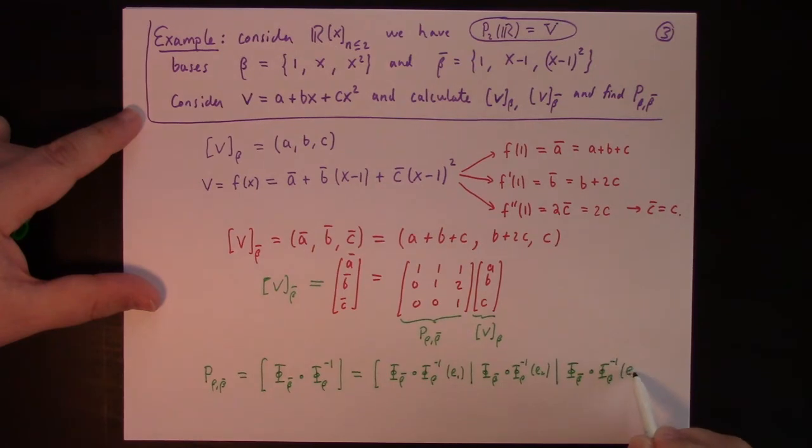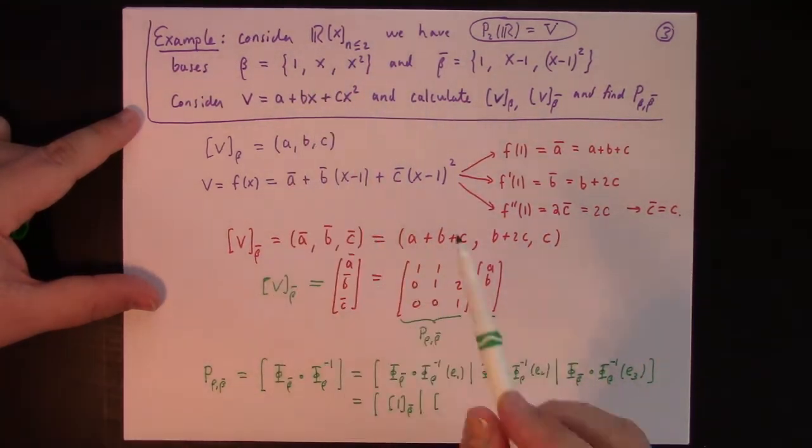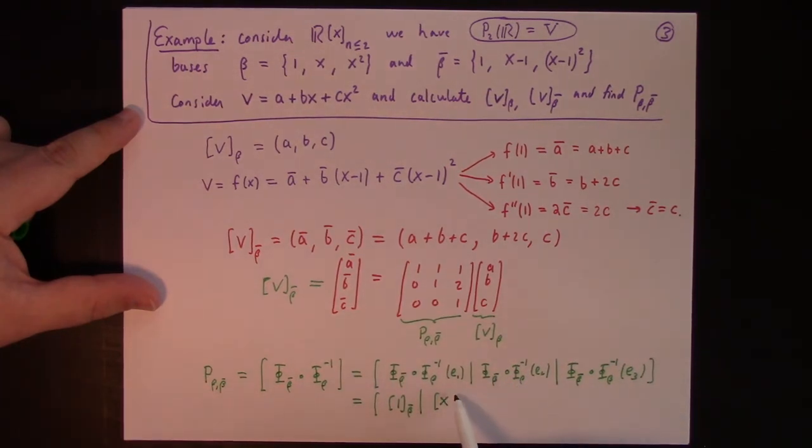But this is where understanding how the coordinate map works pays off. The inverse image under phi beta of E1 is the first vector in the basis beta, which is 1. So what I'm looking at is just the beta bar coordinates of 1. Then the inverse image of E2 under the beta map gives me x, so I need the beta bar coordinates of x, and then the beta bar coordinates of x squared.